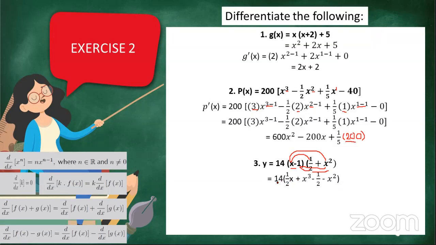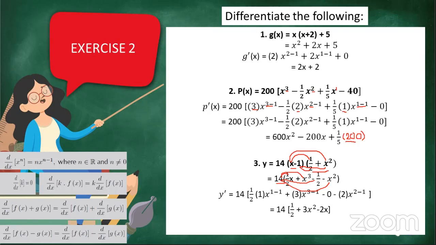And now you can either multiply throughout by 14. You can say 14 times that term, that term, and the last term. Or you can differentiate what's in the brackets and then multiply by the 14 at the end. It's your choice, okay?